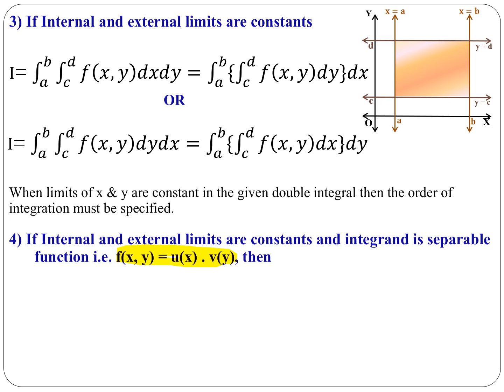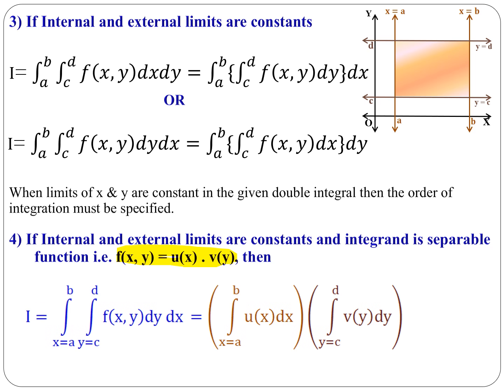So if both limits are constant and your function is separable, how can you solve it? I will give you an example. Suppose the y limit is c to d and the x limit is a to b. Here it is specified that the internal limits are limits for y and the external limits are limits for x. In any question it can be specified this way; if it is not specified, then we always go from right to left.